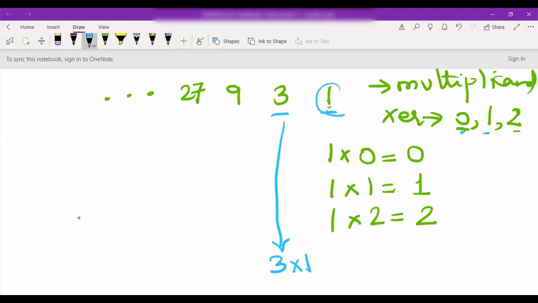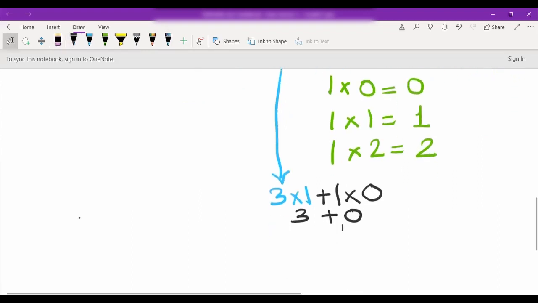This multiplicand 1, I don't want it to be used, so to reset it I will multiply it with 0. Then I will add the product of this one with the product of this one. The answer will be 3 plus 0, so your product will be 3.